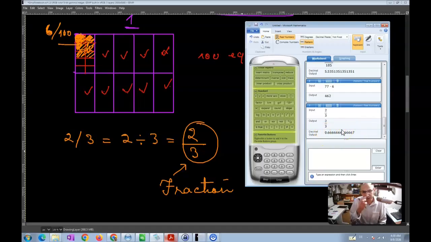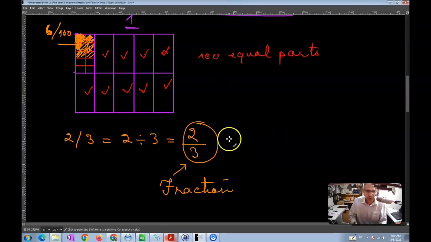We will do that later on. But when you do this division, you will get 0.666 and so on, and the calculator has rounded the last digit to a 7. Otherwise it's just 0.666 all the way up to infinity.